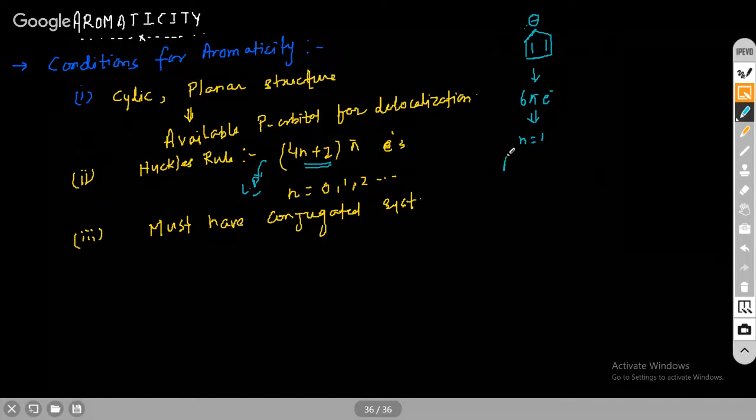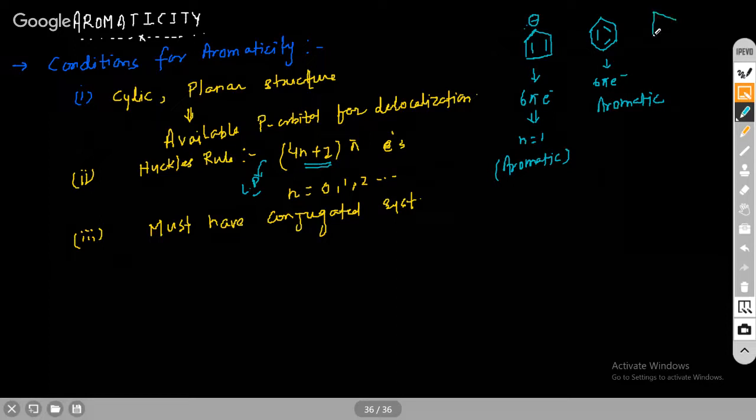So that's why this compound is aromatic. Simple one, aromatic. If you consider a benzene ring, it is also an aromatic compound because it has 6 pi electrons. 6 pi electrons, aromatic, right?